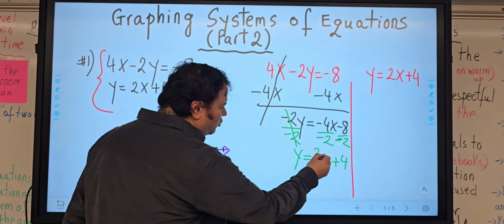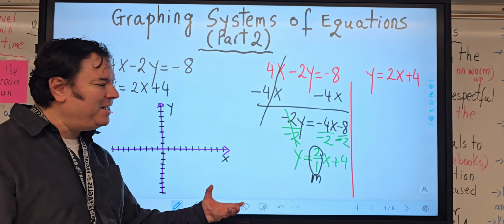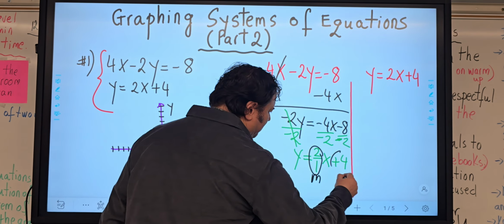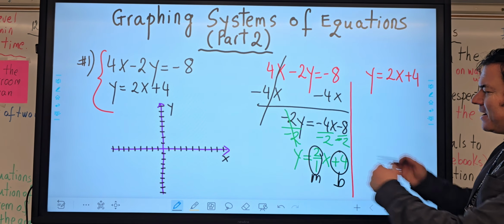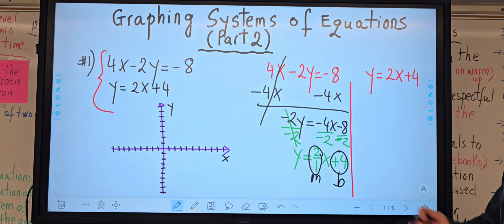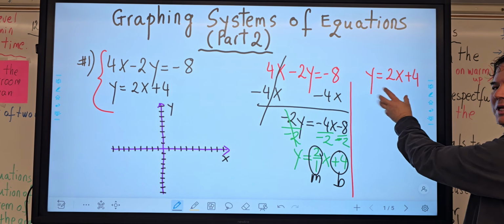So the m is 2 over 1. That's our slope. And the y-intercept is 4. That's our b. Okay, so the first equation is now in y form. Let's take a look at the second equation. The second equation is already y by itself.